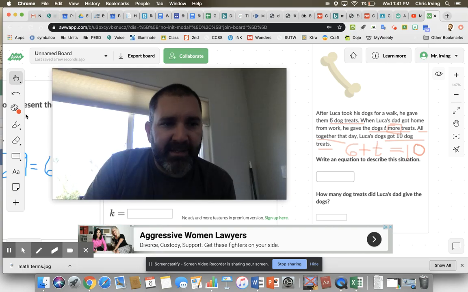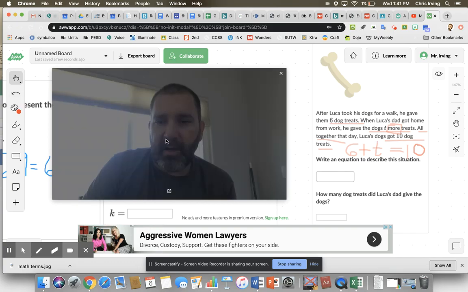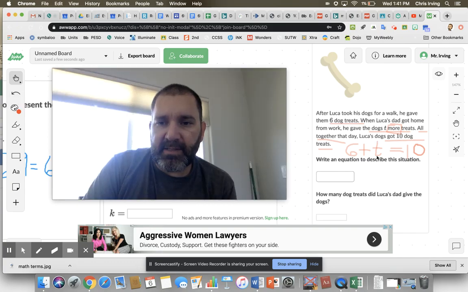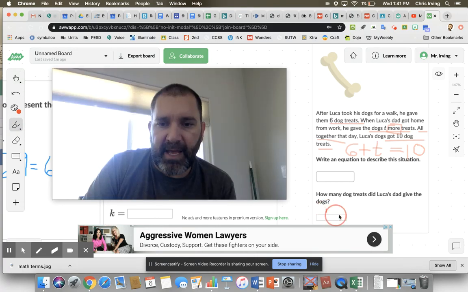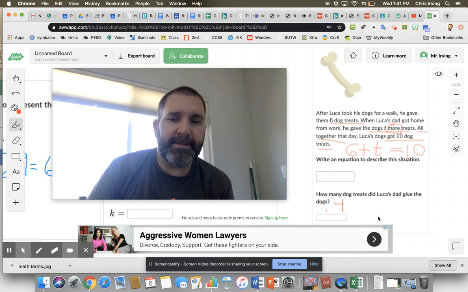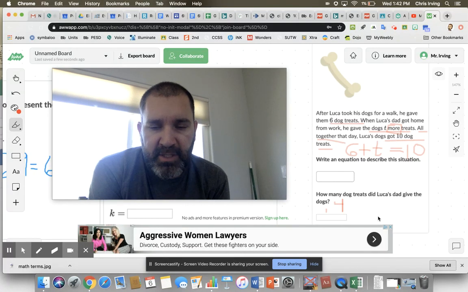Instead of adding 6 to T, why don't we try subtracting 6 from T? What that does is that gives us T all by itself. We also have to subtract 6 from the right side of the equation. And when we do that, we find out that dad gave the dogs 4 treats. It's the only number that can go there to make this equation make any sense.